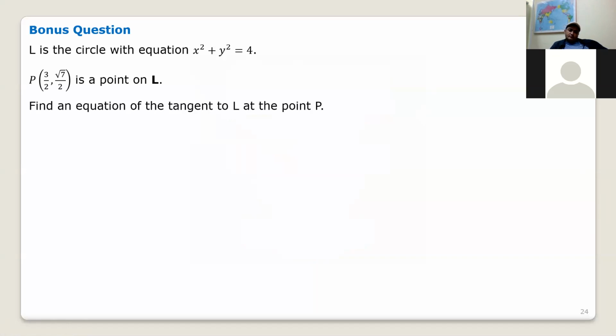L is the circle of equation x squared plus y squared equals 4.